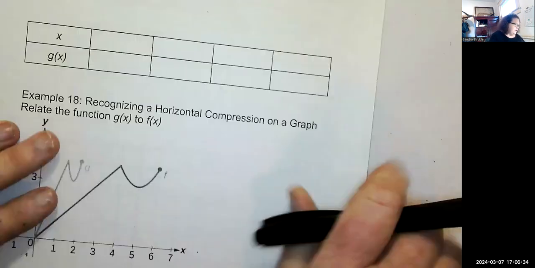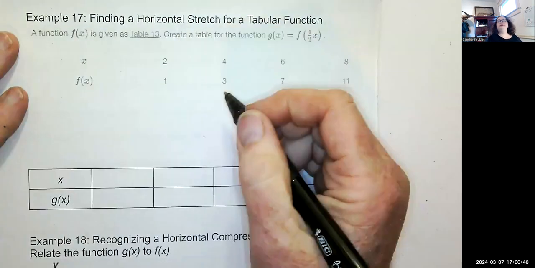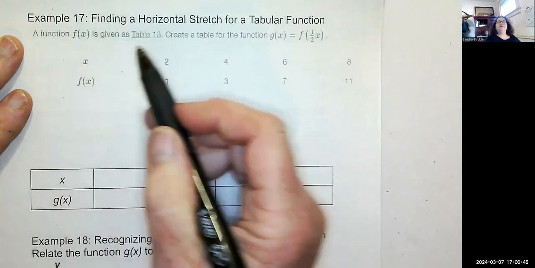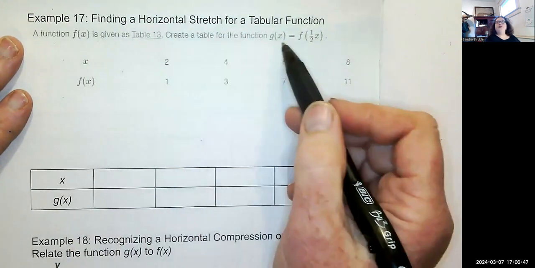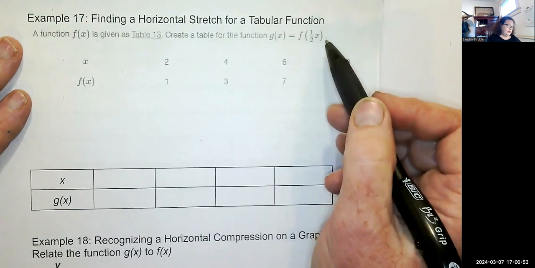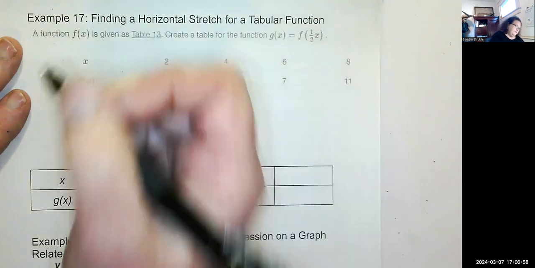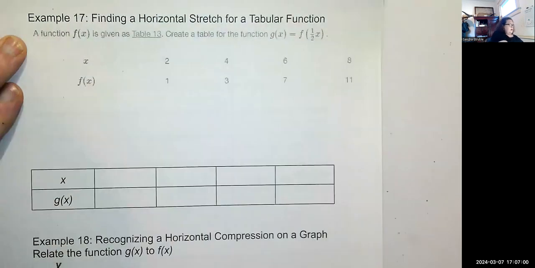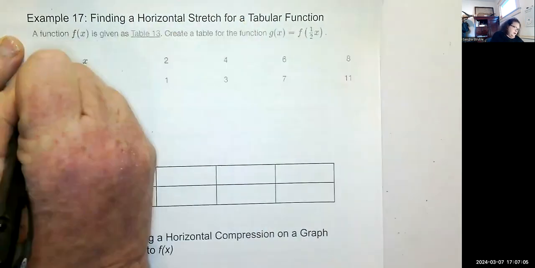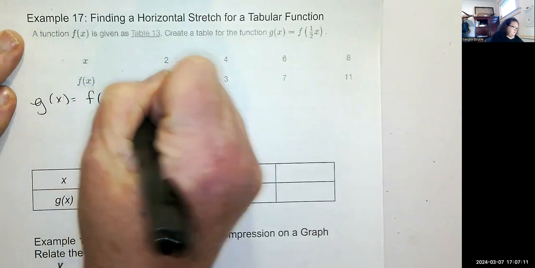Find a horizontal stretch for a tabular function. Well, horizontals, we're going to have to change the x's. So if function f is given as table 13, that's this here, create a table for the function g such that g of x is equal to f of 1/2 x.